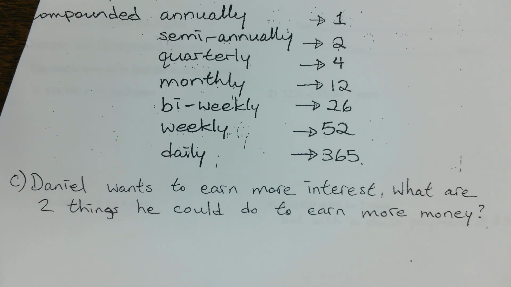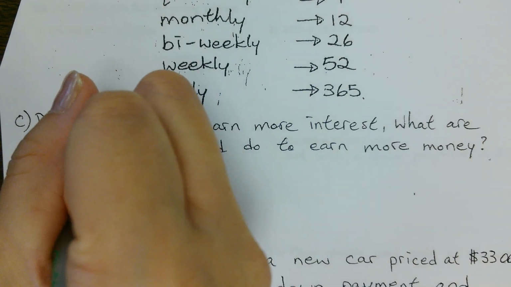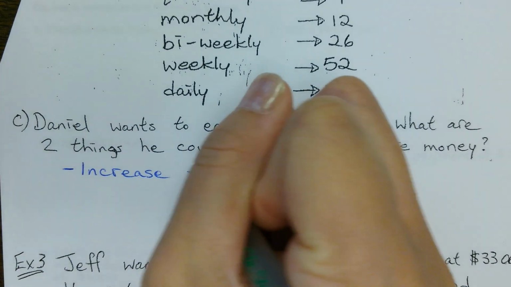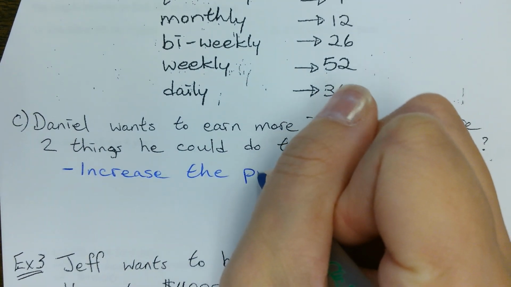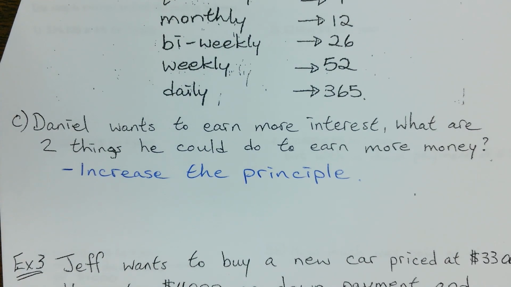Part C asks, Daniel wants to earn more interest because he feels that $166 is way too little. What are 2 things that he could do to earn more money? Increase the principal. That's right. The more you put in the account, the more interest you receive.